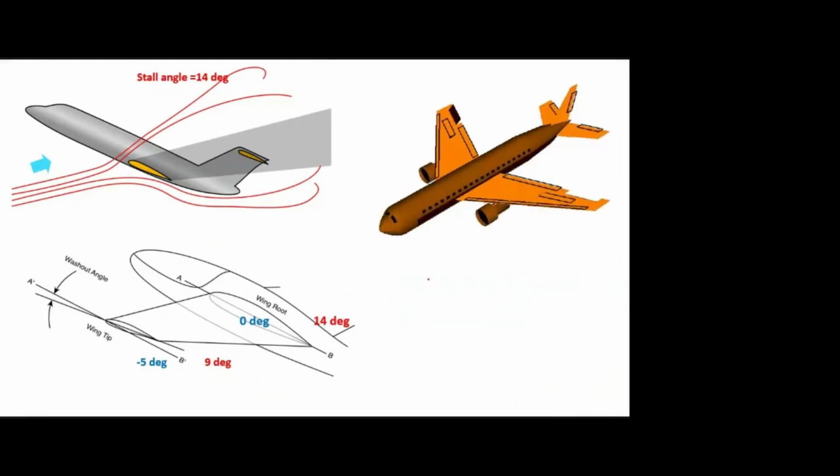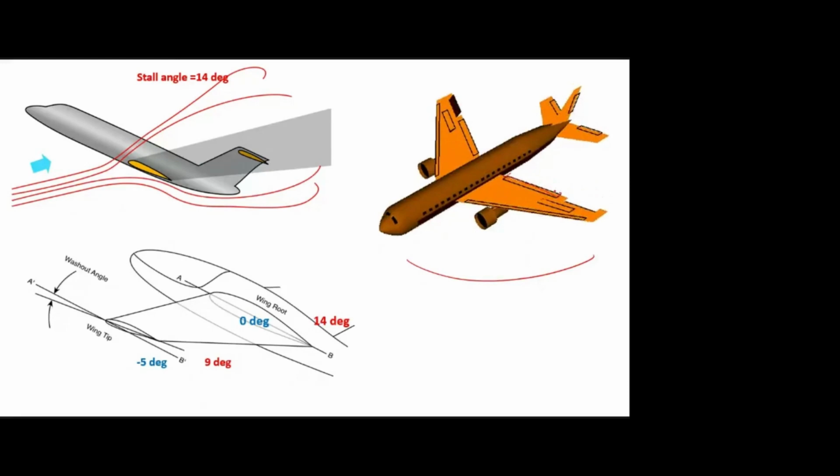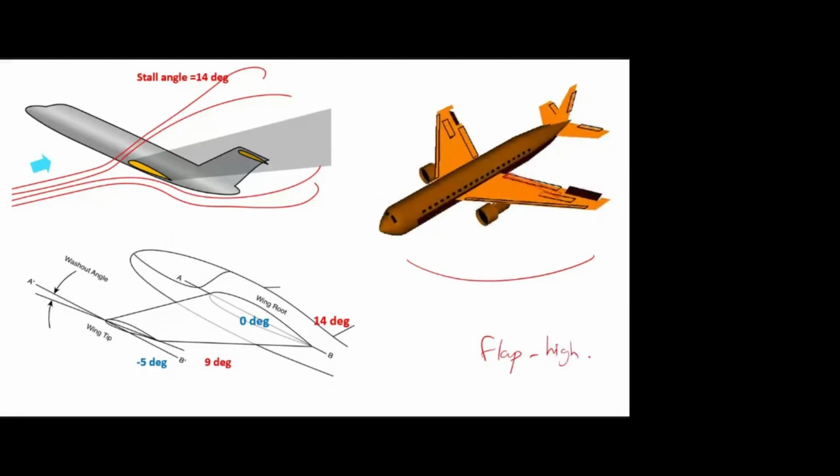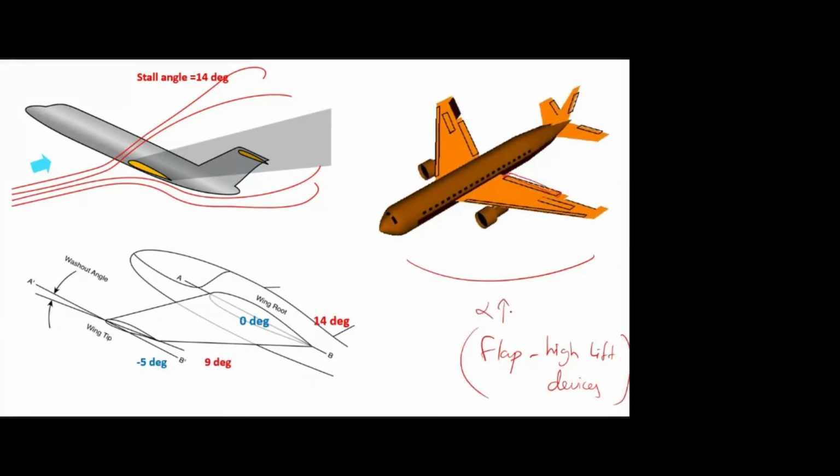So here, on this aircraft, this internal rectangular box is called the flap. Flap means high lift devices. During takeoff and landing, as I told, we will increase the angle of attack.